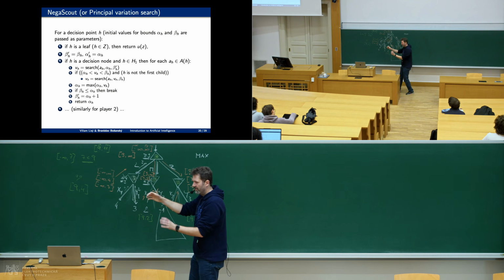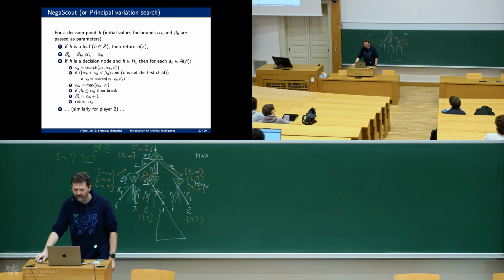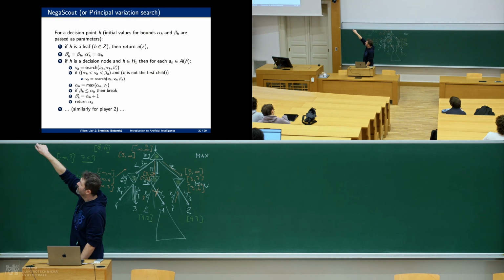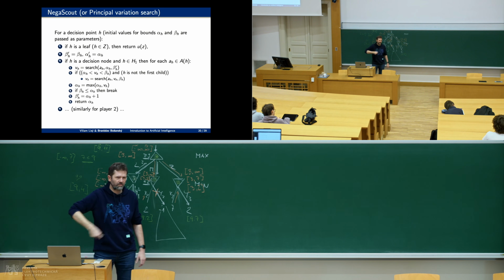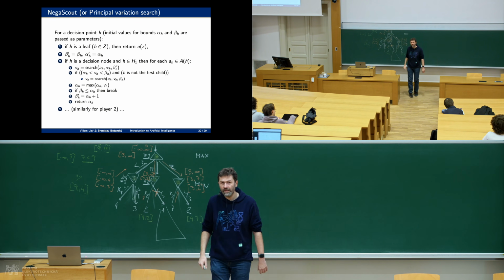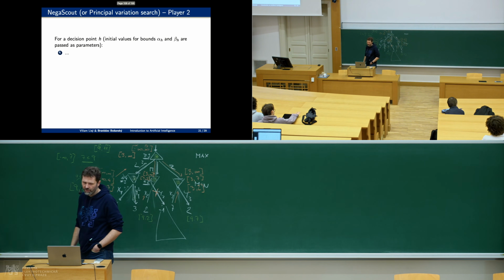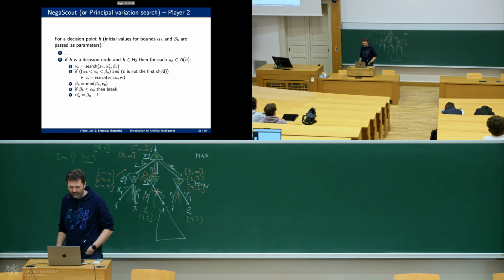And if from that second search we get a value that is higher than the lower bound, we need to do the search again. But if it's not, then we go further. Okay, so this is Negascout, or principal variation search.